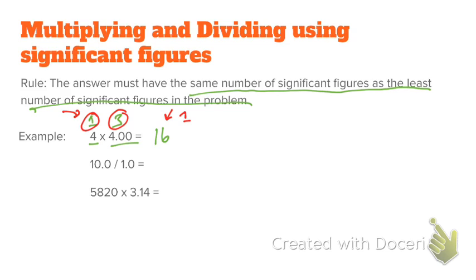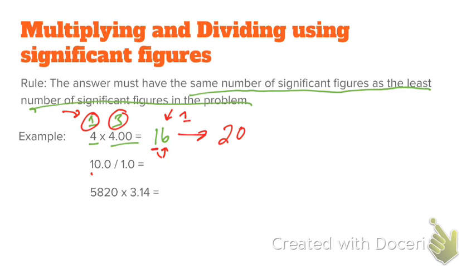Right now my answer has 2, so I'm going to have to round 16. I'm going to keep the 1, but the next number is a 6, so that's going to round me up to 2, and then that 6 gets replaced with a 0, because I need a placeholder to maintain the value, but I don't want to change my number of sig figs. So the answer will be 20. All right, let's do the next problem.